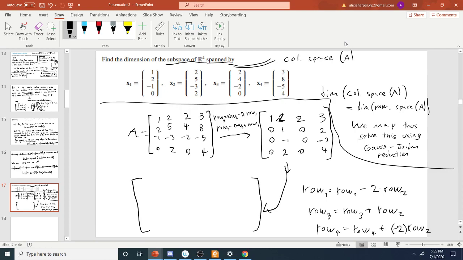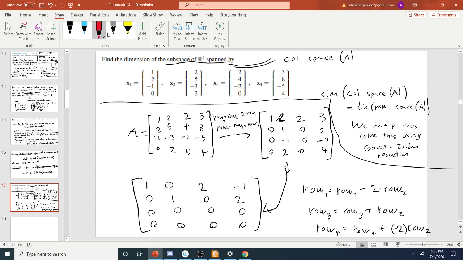So here I'm going to have 1, 0, 2, -1. Here I'll have 0, 1, 0, 2. And then I'll have 0, 0, 0, 0, 0, 0, 0, 0.